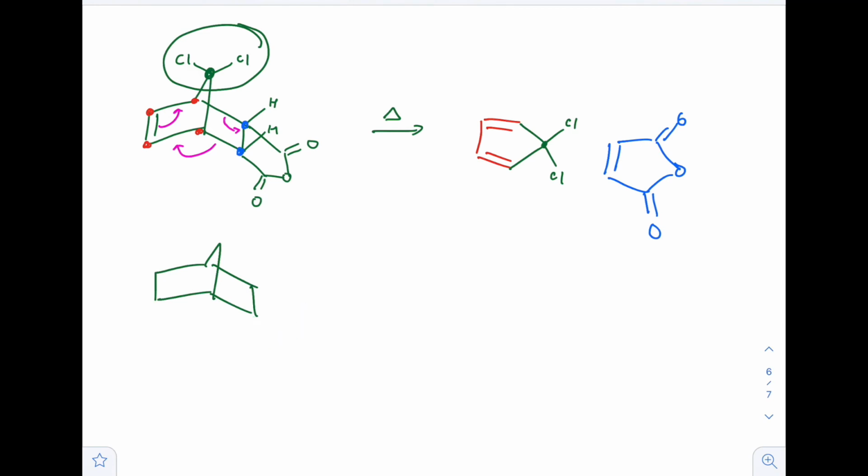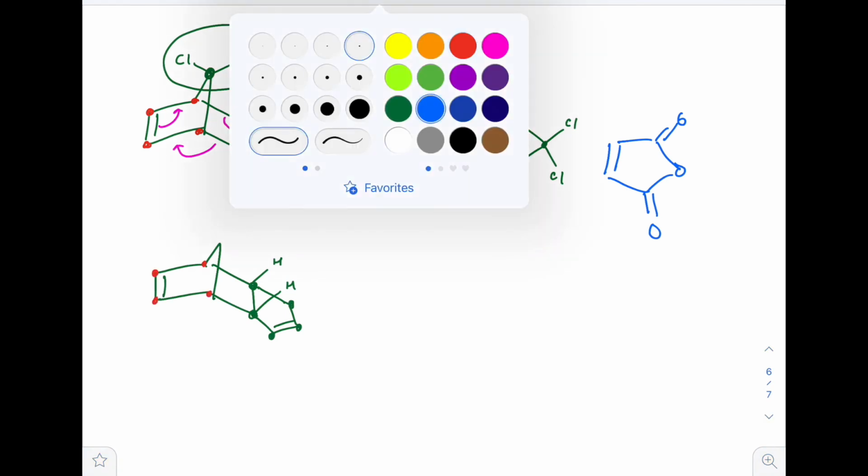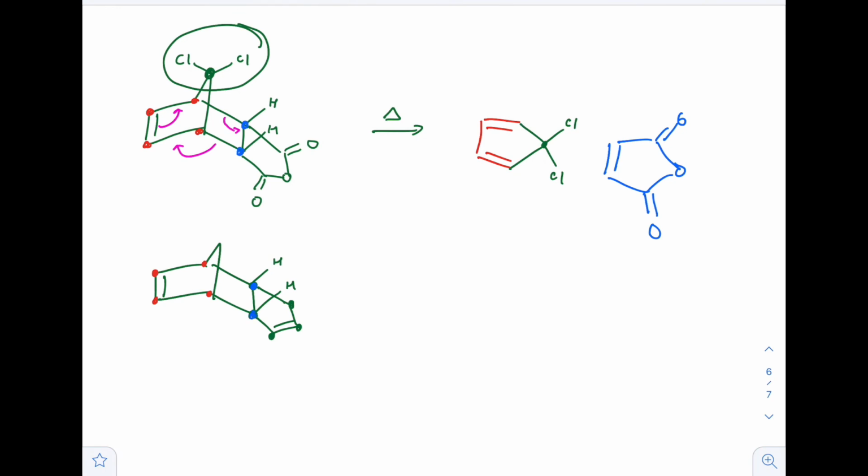That way you can draw out the final product in the end. I like to draw the alkene and the cyclohexene first, and then you know that comes from the diene, so you have to get the two adjacent carbons in red, for example, and then the last two would be in blue in that cyclohexene ring.